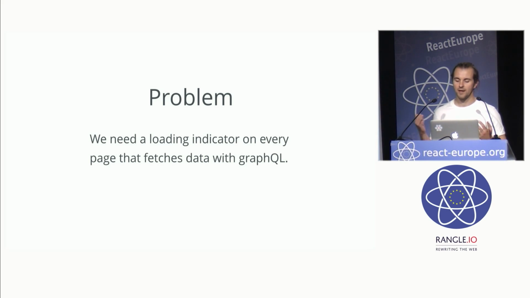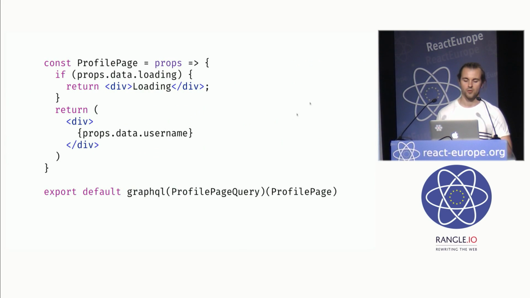In my case, we need a loading indicator on every page that fetches data with GraphQL. So what we had before, for example, was the profile page, and we had the graphql here. It's coming from Apollo, the GraphQL higher order component that gets a query and then wraps this existing component. It was injecting data into props, and then the real data as well as loading.